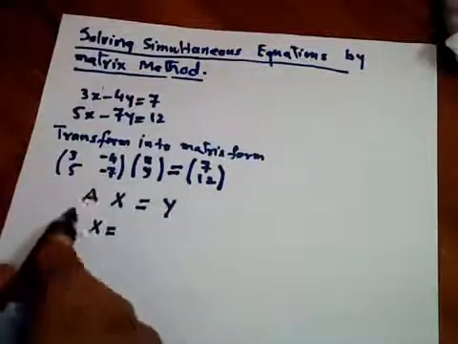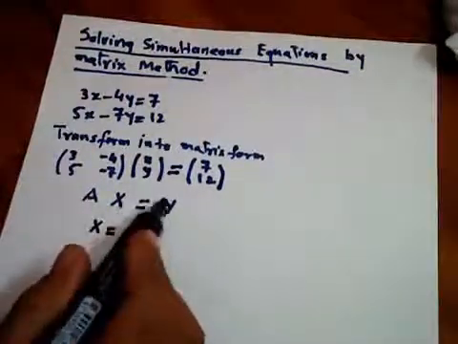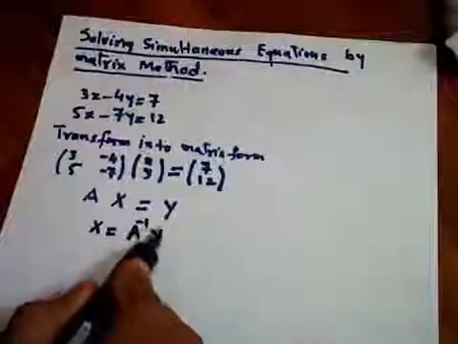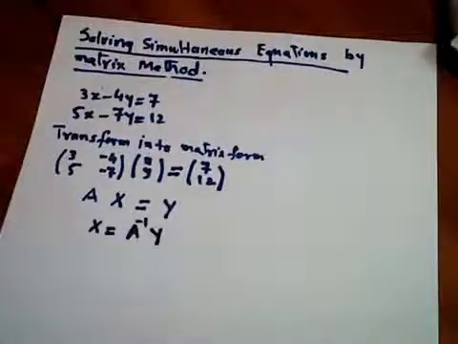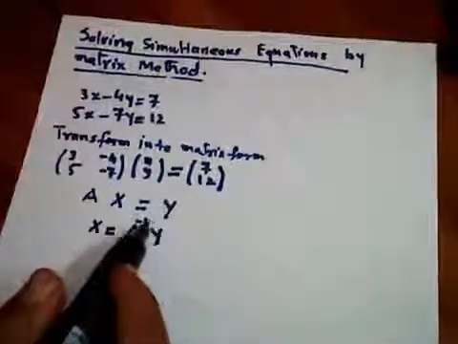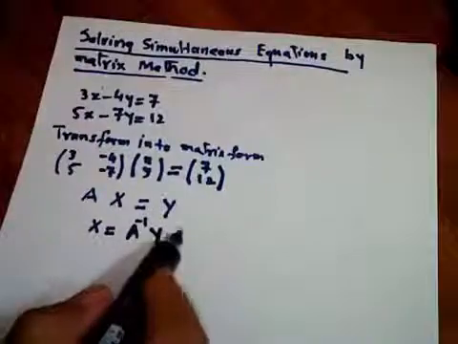Now for the inverse of a matrix, first find the determinant. You can see if you multiply 3 with -7, you get -21, plus 20. So it's not a singular matrix. You can do it directly.